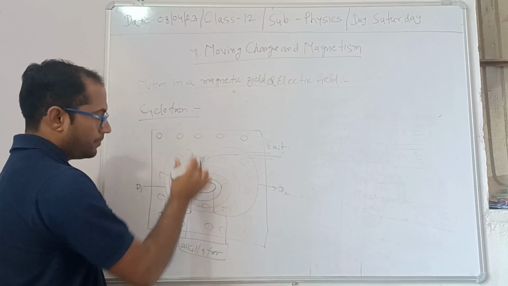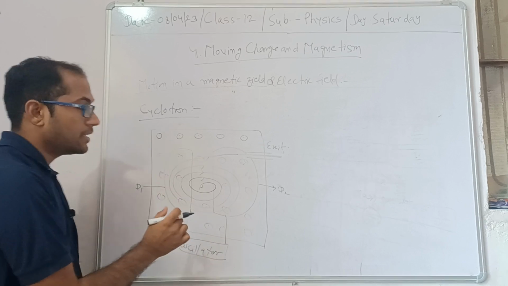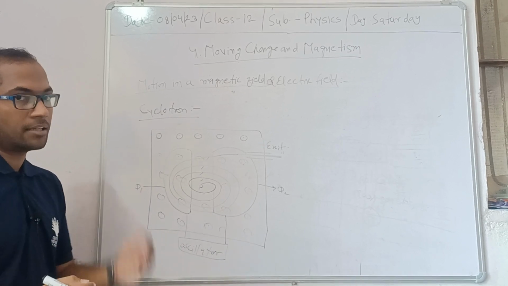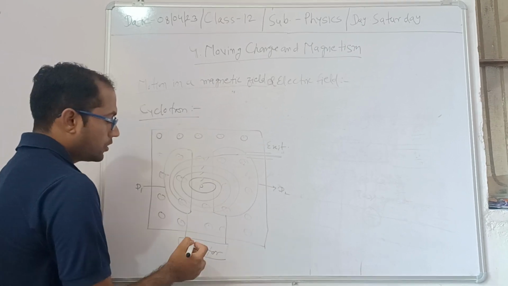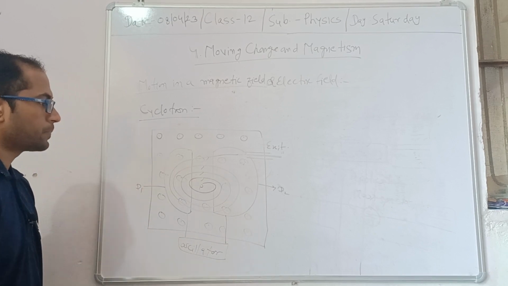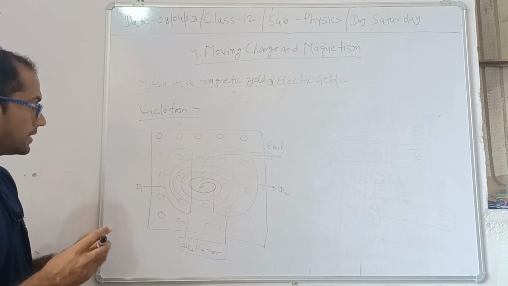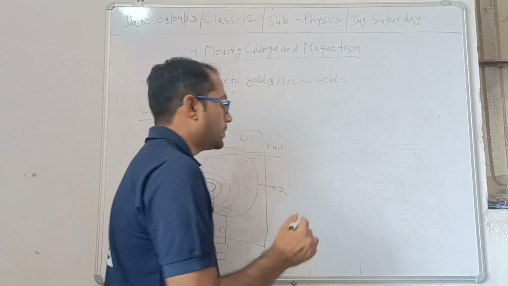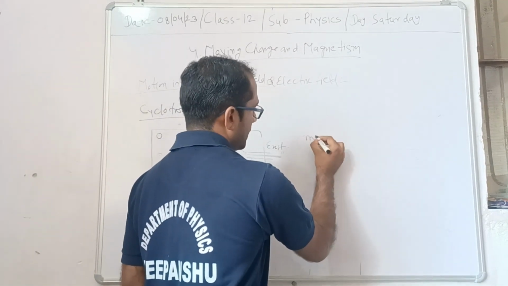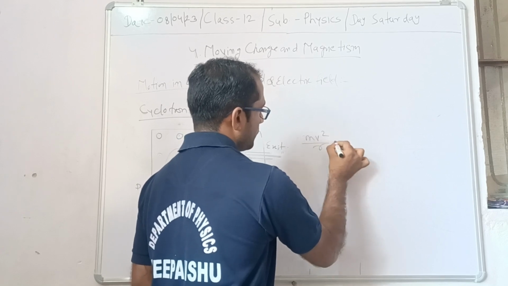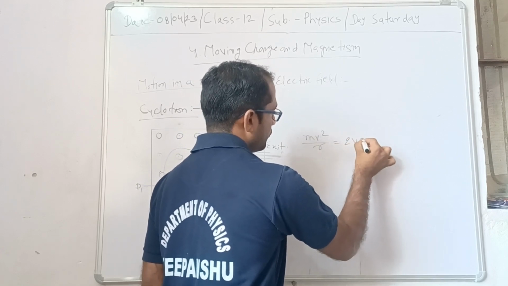Each and every time between these, the energy of this particle increases due to the electric field. Then we use the same formula, the centripetal force mv square upon r equals qvB.